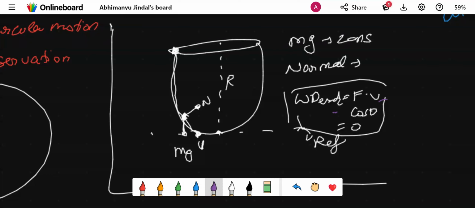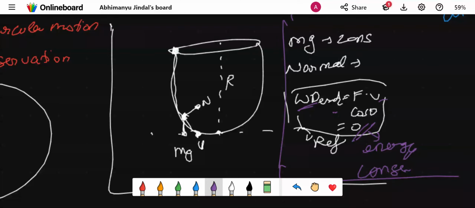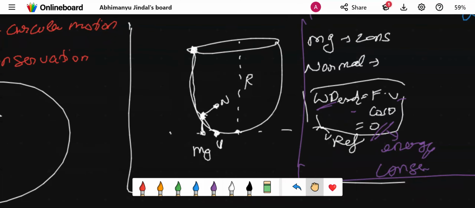And so we can say that the work done by external force is 0, therefore energy conservation works here. So this is the proof why I have used energy conservation, because work done by external force is 0.